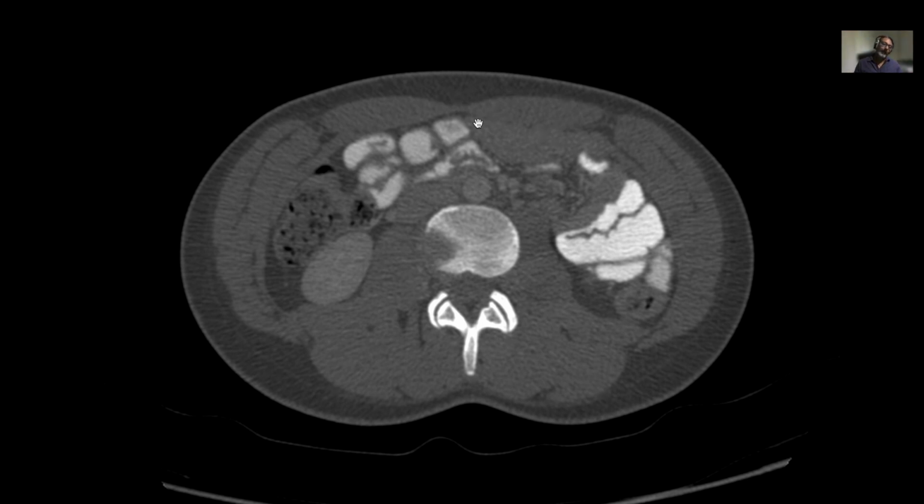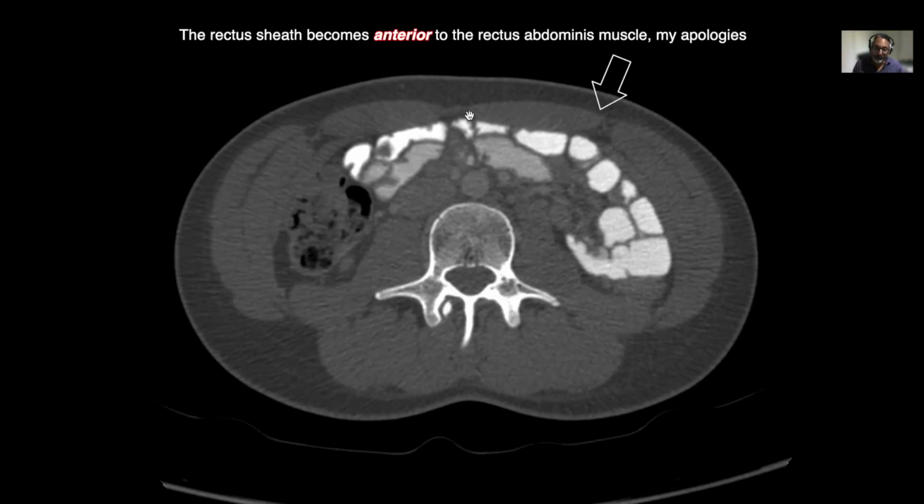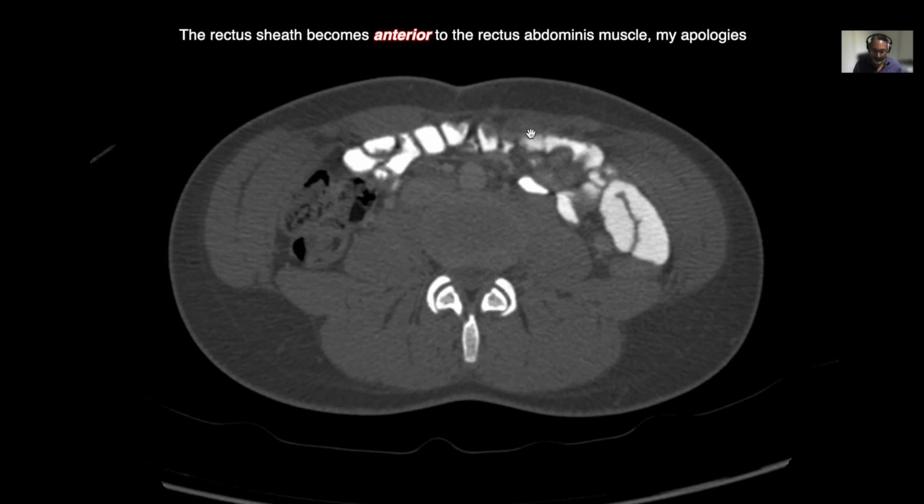So the rectus abdominis is actually covered by the rectus sheath anteriorly and posteriorly from the aponeuroses of these muscles. But as you go lower down, the whole rectus sheath moves posteriorly. And when the rectus sheath moves posteriorly, then that is the arcuate line.